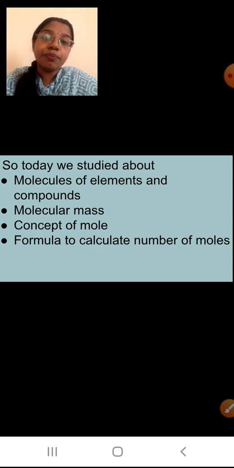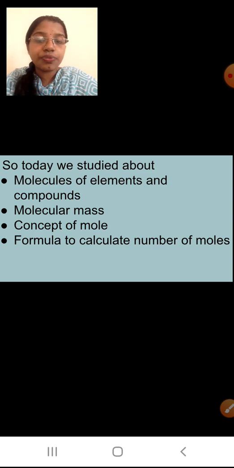We saw that because of a chemical reaction, 2 or more atoms or molecules combine together and form compounds, right? Then we saw what is the molecular mass and how to calculate it. It is the sum of the atomic masses of each element present in a particular molecule, right? We saw the example for H2O, we saw NaCl, we did hydrogen peroxide, that is H2O2.